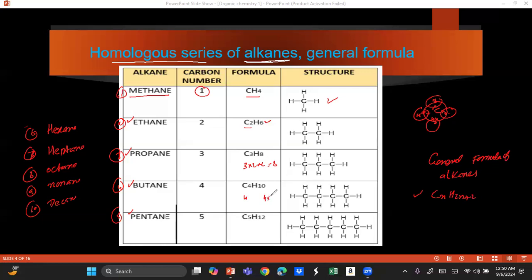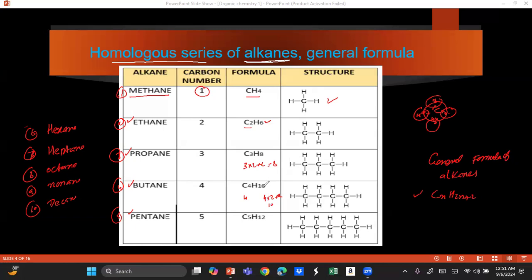Hydrogen will be 4 into 2 plus 2. 4 is the carbon number and 2 is multiplied. We have to double it, 2n plus 2, it will be 10. This is how the general formula of members of the homologous series can be made.